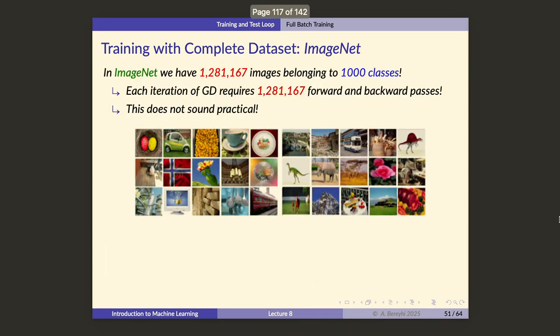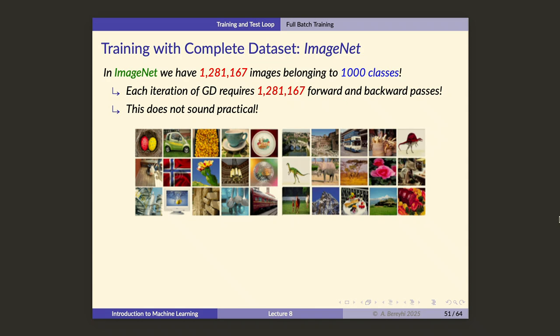Just to give you one particular example, take ImageNet. In ImageNet, you have 1.2 million images inside your data set. This means that if you want to do what we had in the previous slide, for every single iteration of your gradient descent, you need to go 1.2 million times forward, backward over your neural network to be able to compute one single gradient.